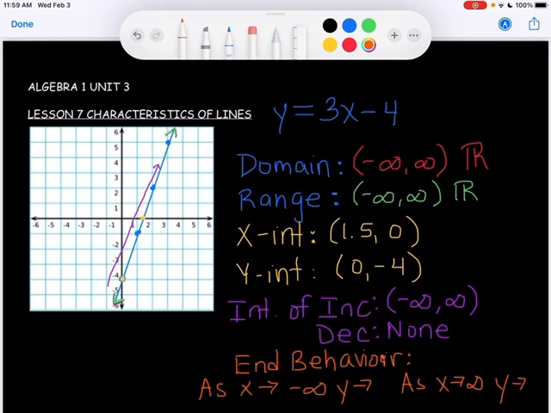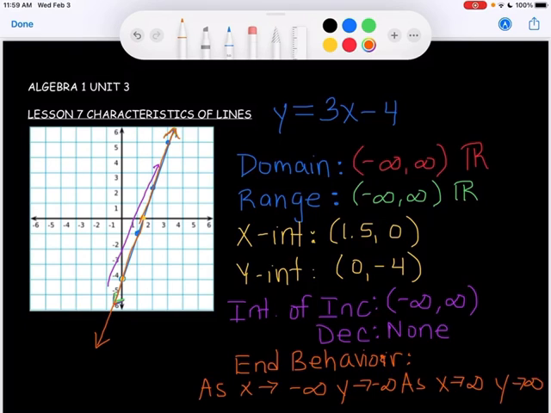And we have to fill in these two blanks. So as x approaches negative infinity, that means as you go left. So if we are on the function and we are going left, we're also going down forever. So our y value is going down, which means it's going to negative infinity. And then as x approaches positive infinity, that means we're moving right. We're also going up. So our y value is going up to positive infinity. So that would be your end behavior.